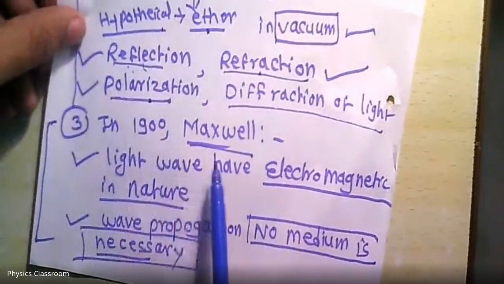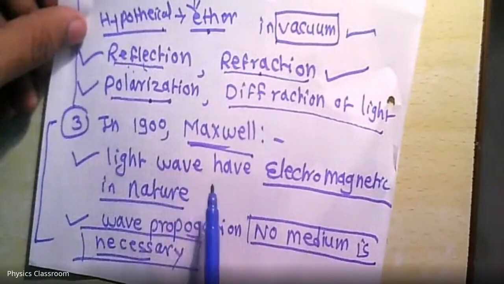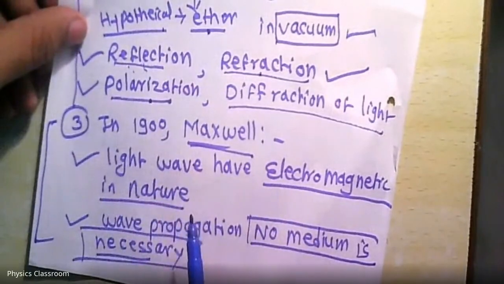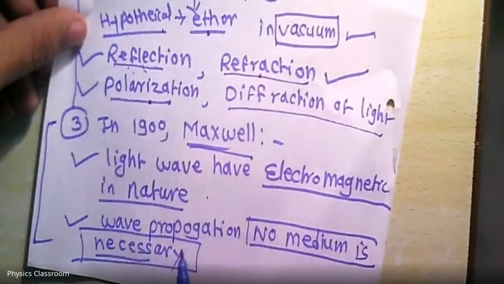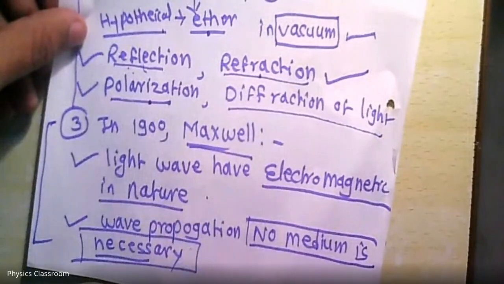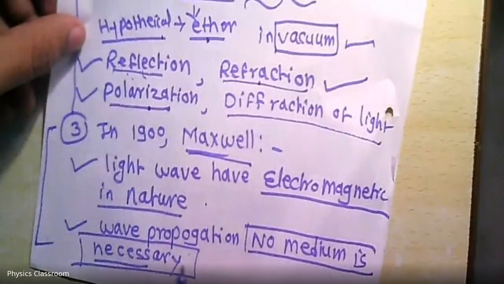And the third point: in the 19th century, Maxwell showed that light waves are electromagnetic in nature, and that for propagation of waves there is no need of a medium.